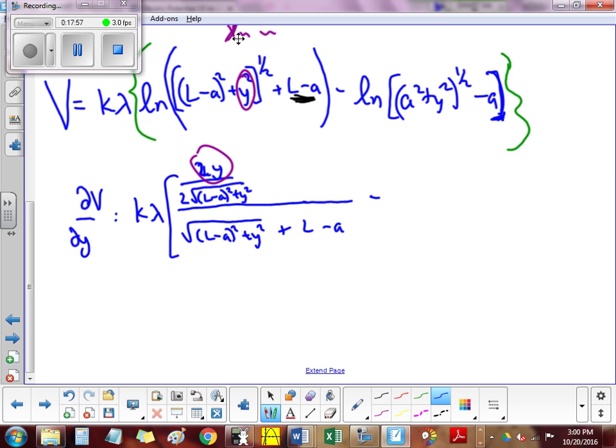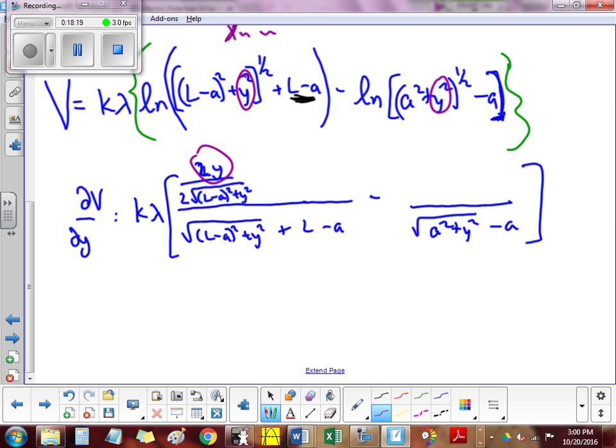It should be the denominator, square root of a squared plus y squared, minus a. And then in the top, the derivative of the inside. Since y is the only variable in the whole problem, the y squared is the only thing I have to worry about.